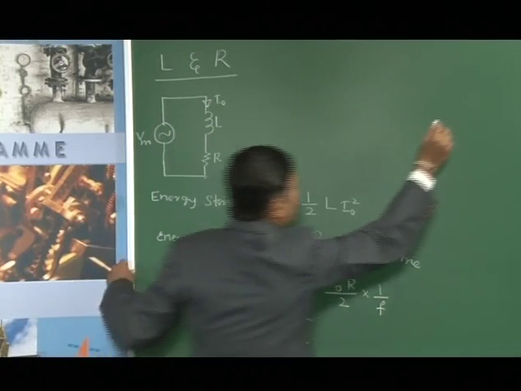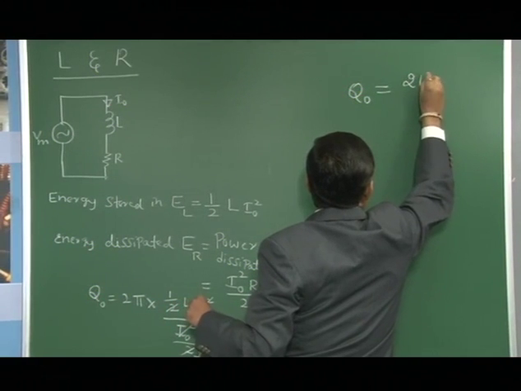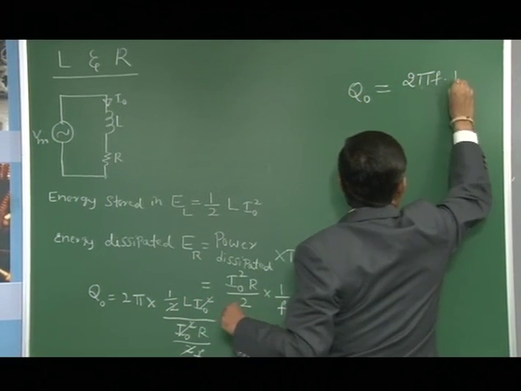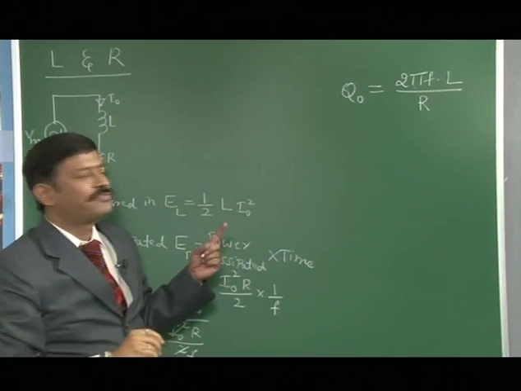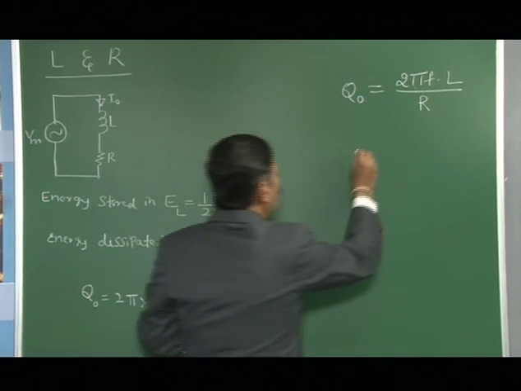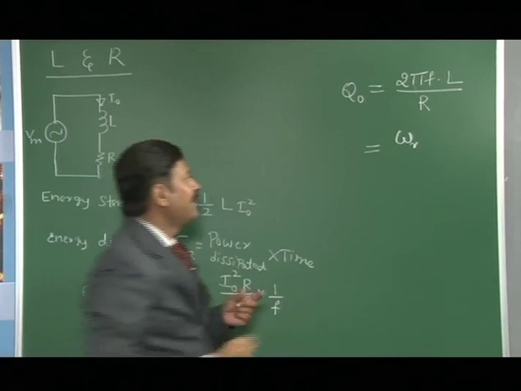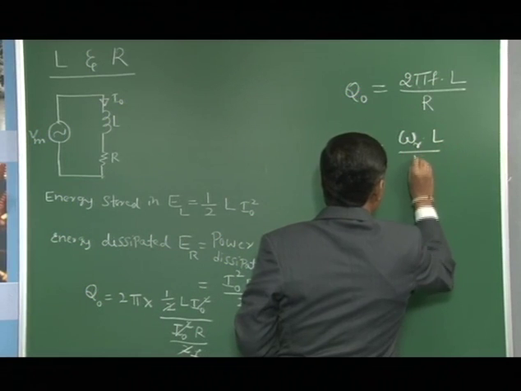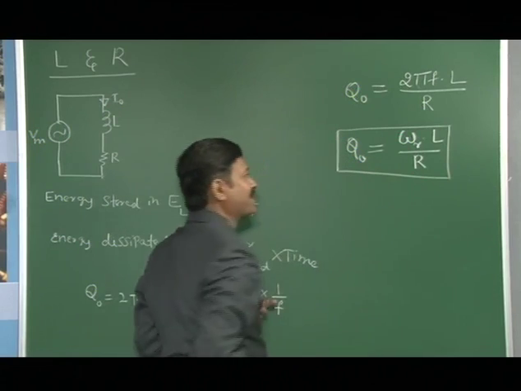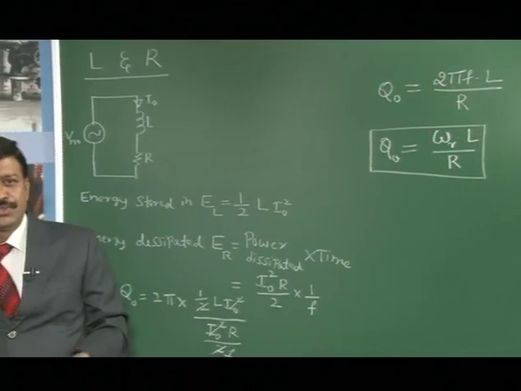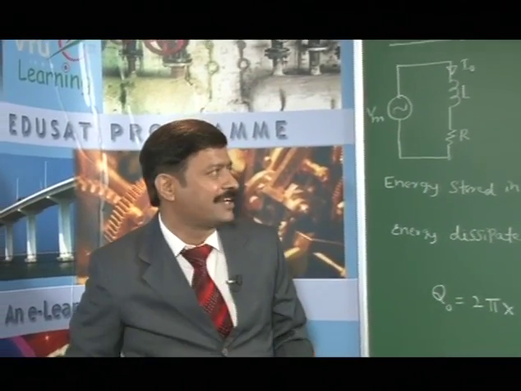Finally, your expression will become Q naught is equal to 2 pi F into L divided by R. So 2 pi F I will call it as omega R, the resonating frequency, into L divided by R. This is one of the expressions for Q factor. Q factor is used to check the quality of the series RLC circuit.